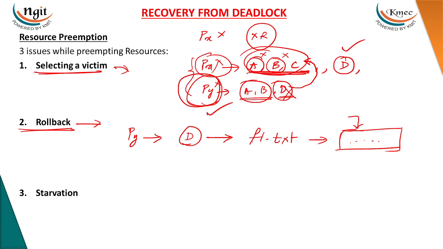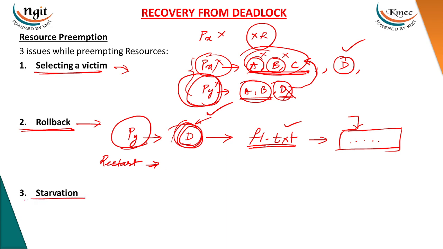While preempting it, whatever modifications were done by py on the d file, you need to roll back, that is, clear that data, before giving it to px. So all the modifications done on a shared resource will be rolled back, that means cancelled. Once you get d back, you restart, recompute, and modify the resource again.